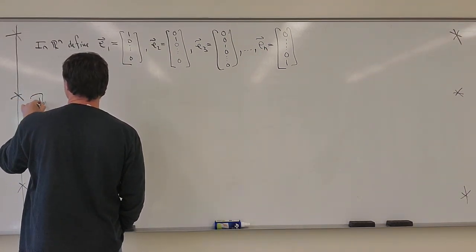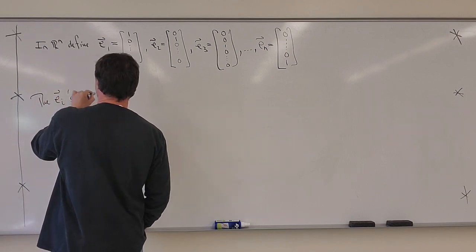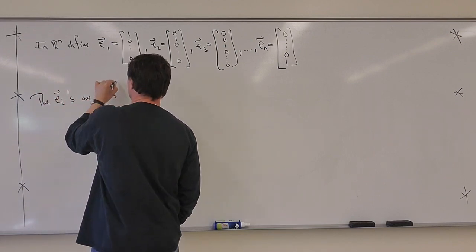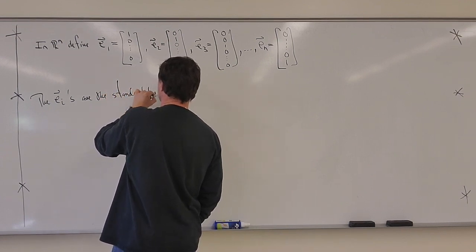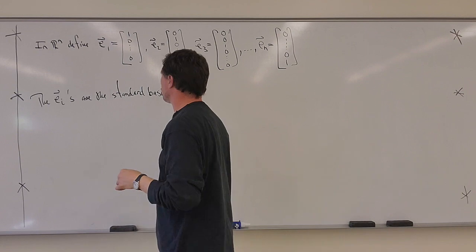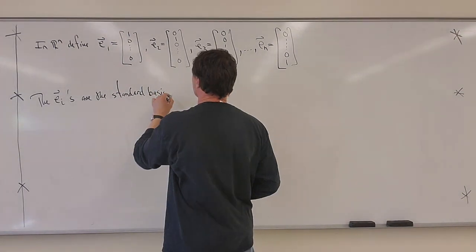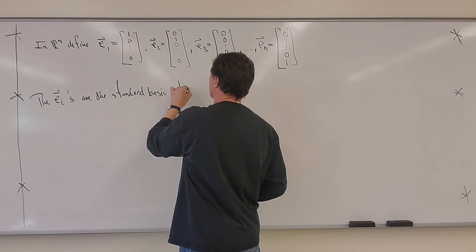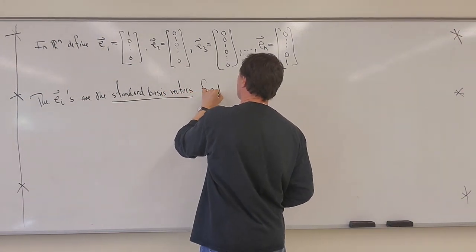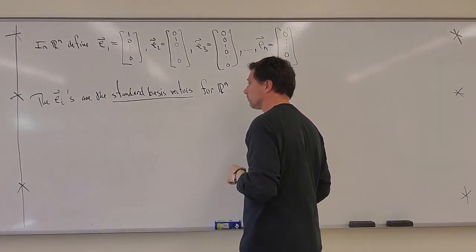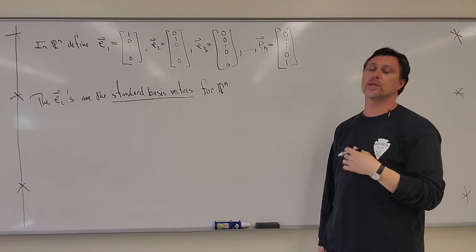The E sub i's are the standard basis vectors for Rn. So E1 is called the first standard basis vector, E2 the second.